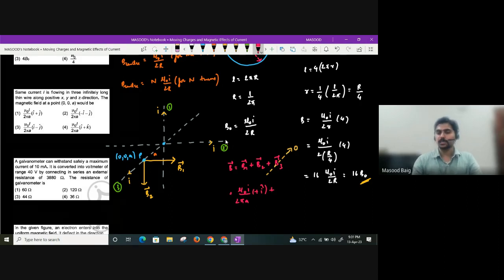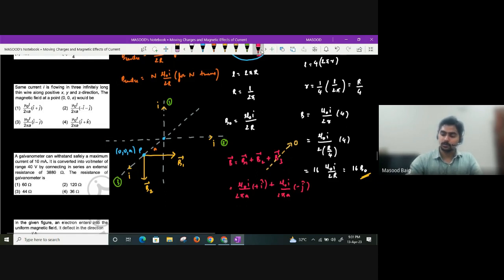If the current is carrying along positive x and the point is towards positive z, you will get the direction in downward direction. So it will be mu naught I divided by 2 pi a, and downward direction will be minus j cap. So what will the answer be? You can take mu naught I divided by 2 pi a common. You will get it as i cap minus j cap. Direct question, guys, again. Clear, everyone?